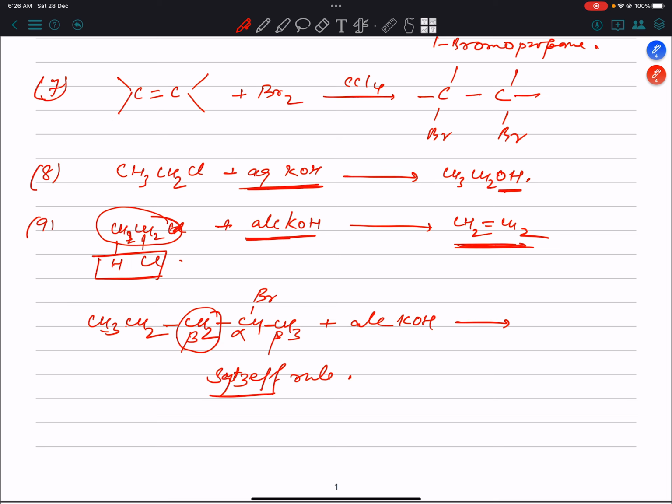Why? Because according to Saytzeff rule, the more substituted alkene will form in this reaction. So the two products we can write here.